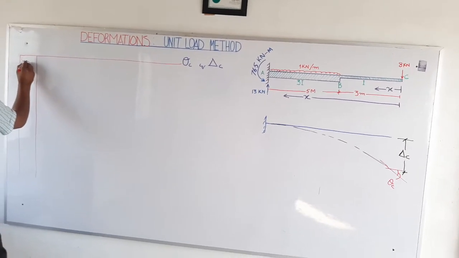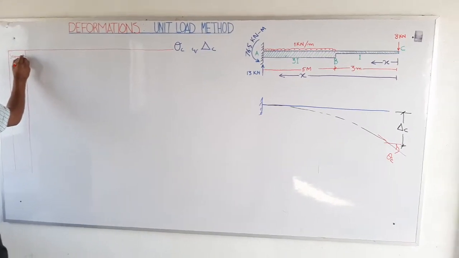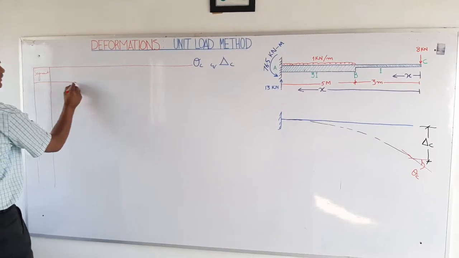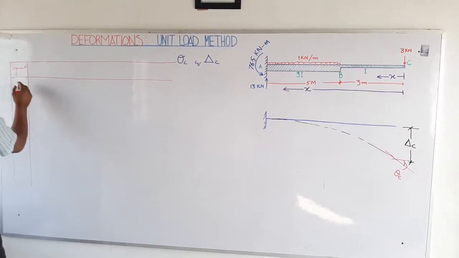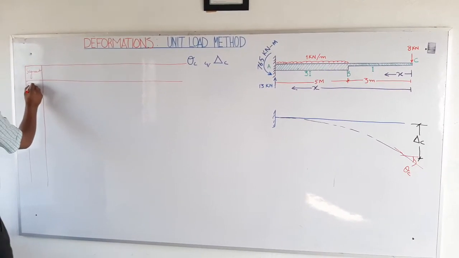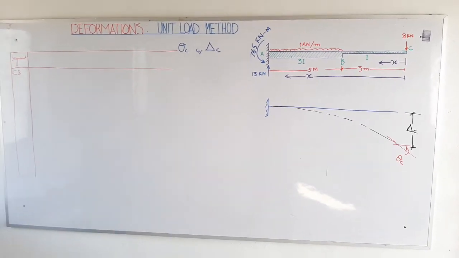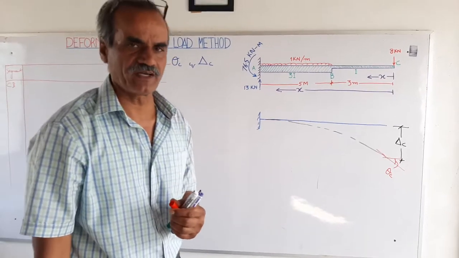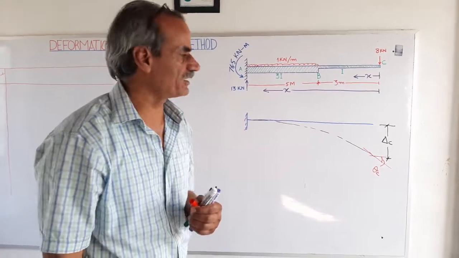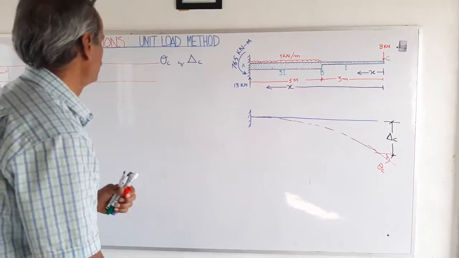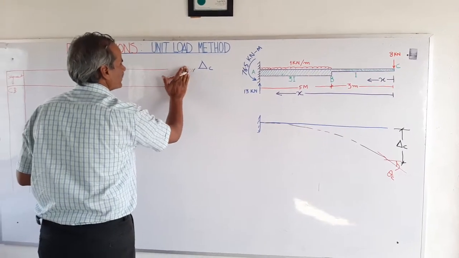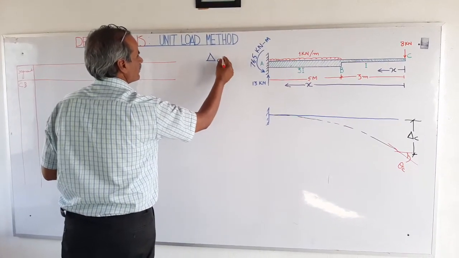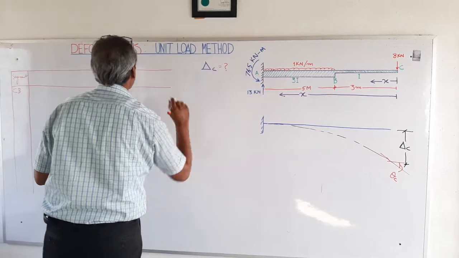This is the segment. The first segment being CD, and in the first attempt we try to find out the deflection at C. So at the moment we are trying to find out the deflection at C.